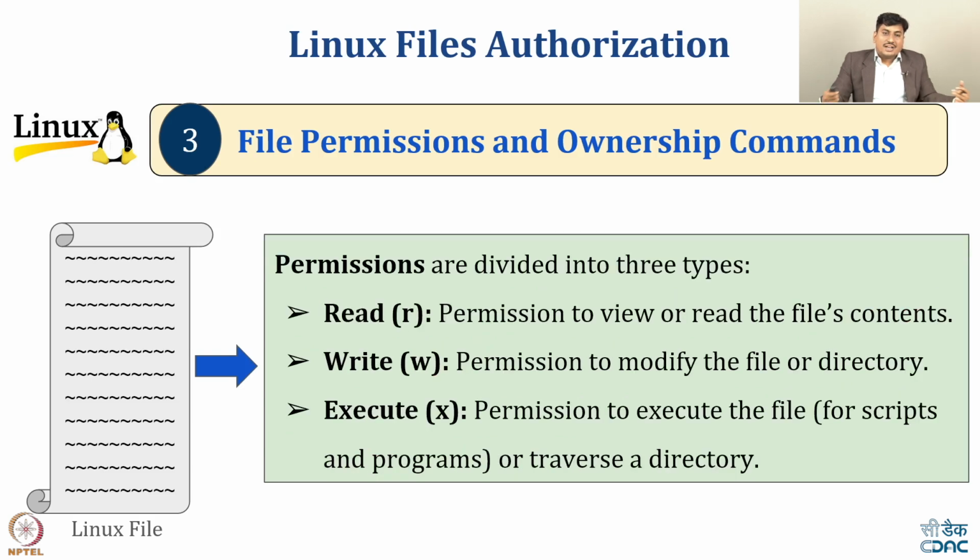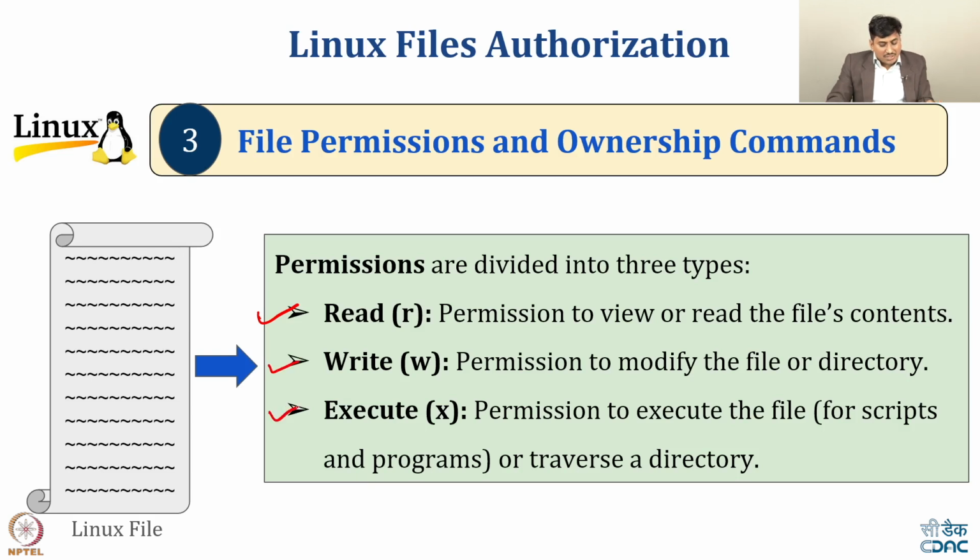Permissions are divided into three types. For a particular file or directory, there are three kinds of permission. One is the read permission, which means one can only read or view the content of that file. Write permission means one can modify that file or directory.